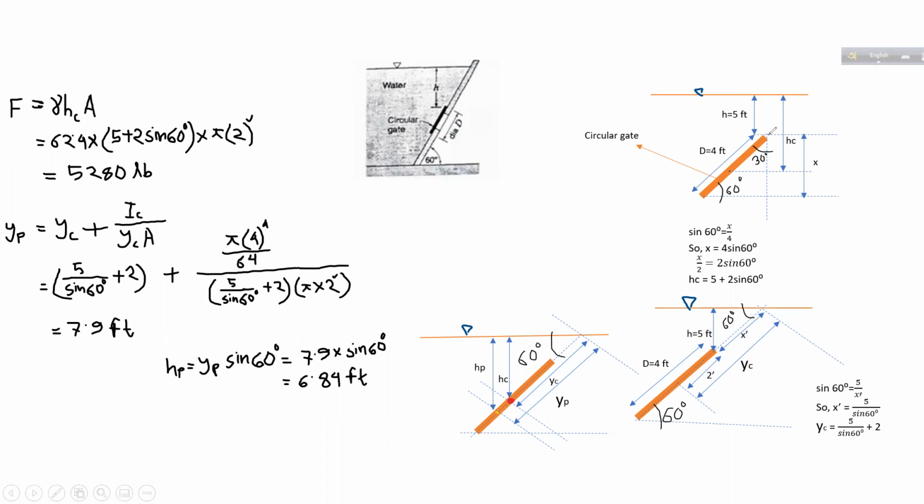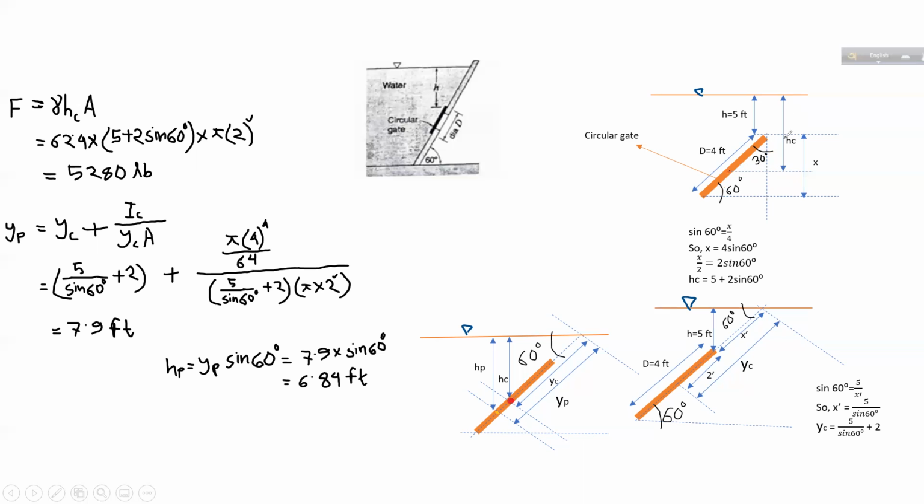Now, if you draw a perpendicular line from the top of the surface of the circular gate, then this angle will be 90 degrees. And as this angle is 60 degrees, this angle will be 30 degrees. HC basically represents the vertical distance from the water surface to the center of gravity of this circular gate.